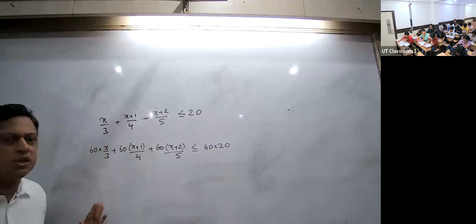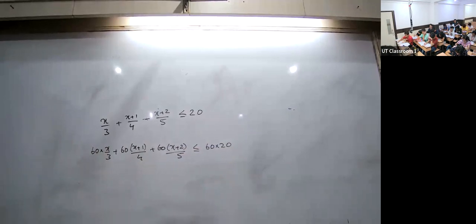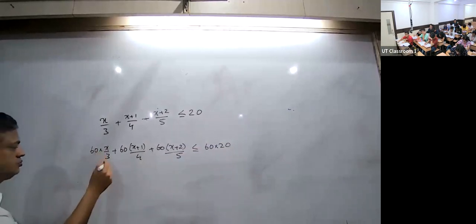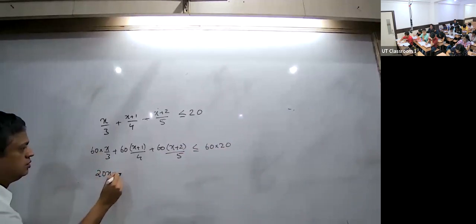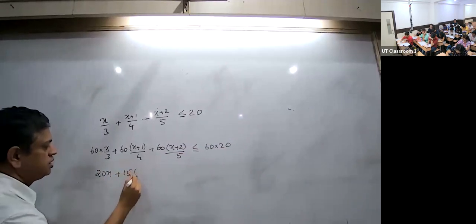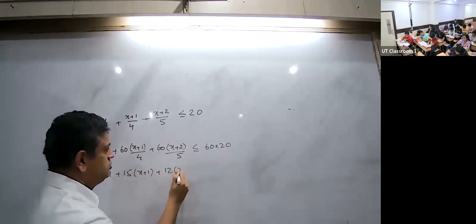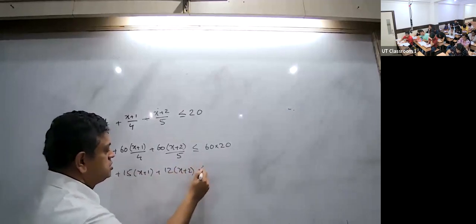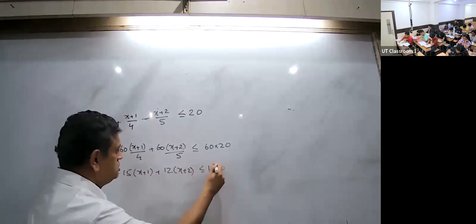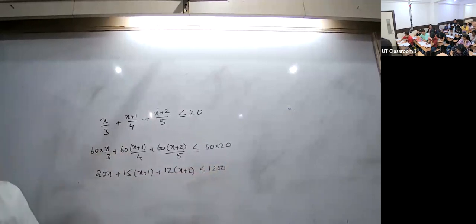This is as good as LCM only. So that cancels: 20x plus 15 times x plus 1 plus 12 times x plus 2 less than or equal to 1200. Simplify and get the value of x.